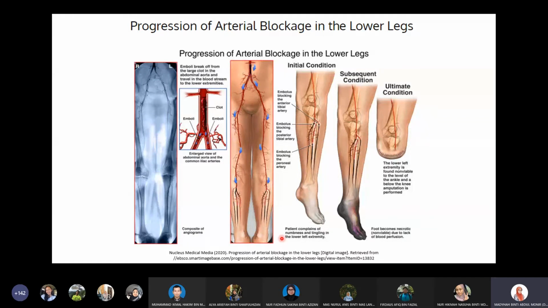At this point, the patient will present with numbness and tingling of the lower left extremity. So this is the initial condition when the patient develops ischemia.